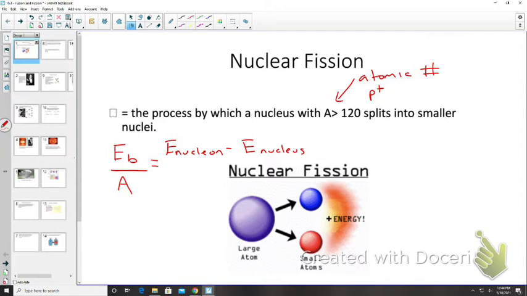Now, when we have an unstable large atom, it will decay into two smaller nuclei and release energy. So that is nuclear fission.